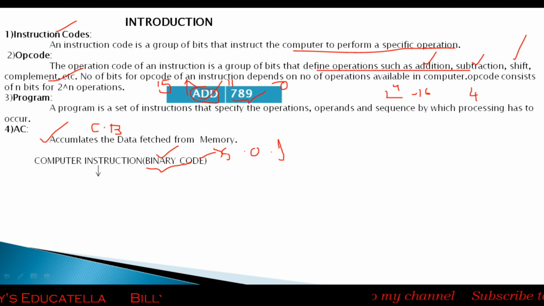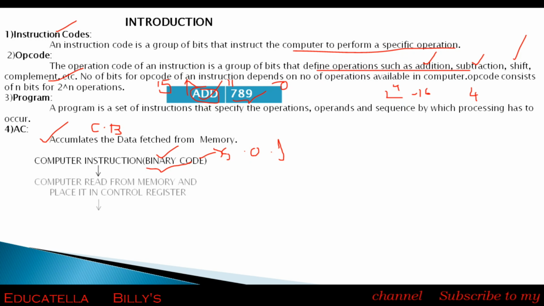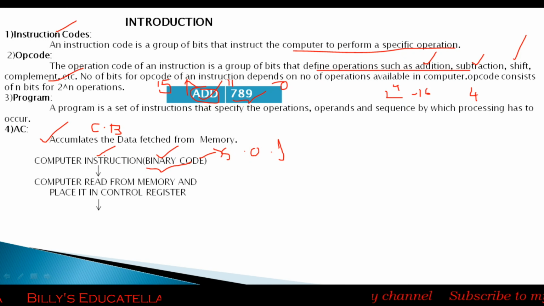Coming to the second step, the computer reads from the memory and places it in the control register. When an instruction is given by the user, the computer reads that instruction from memory, which is in the form of binary code, and places it in the control register.